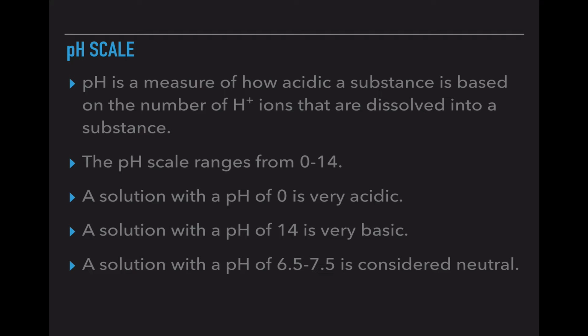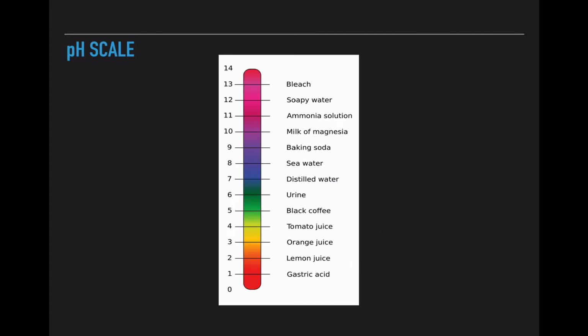The pH scale ranges from 0 to 14, with 0 being very acidic and 14 being very basic. And a solution with a pH of 6.5 to 7.5 is considered neutral. That's that range of safe. This is a scale that most people are used to seeing. It's the one that you guys have received in junior high and early stages of high school. So this one seems the most normal because you're familiar with it.